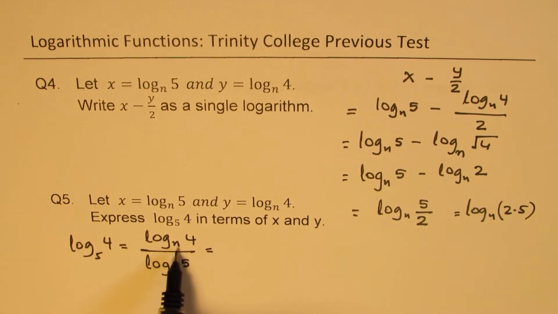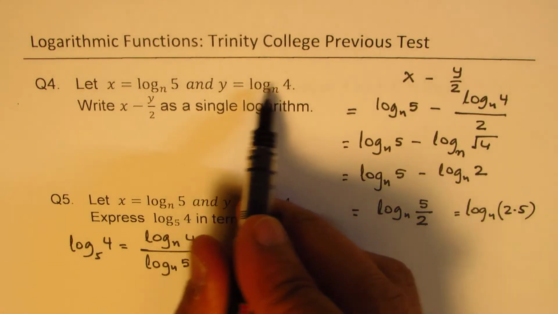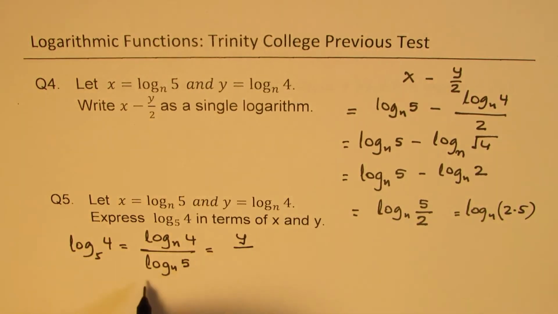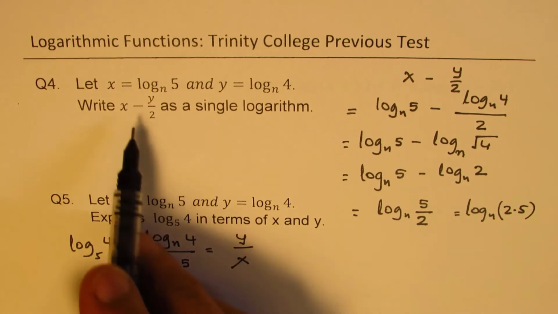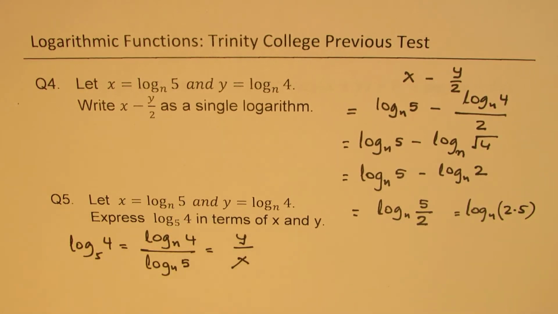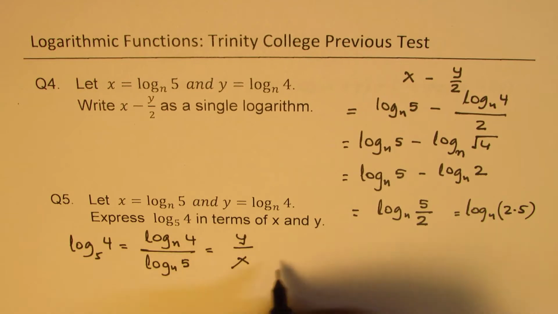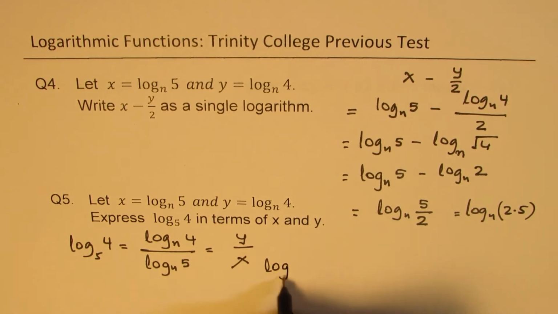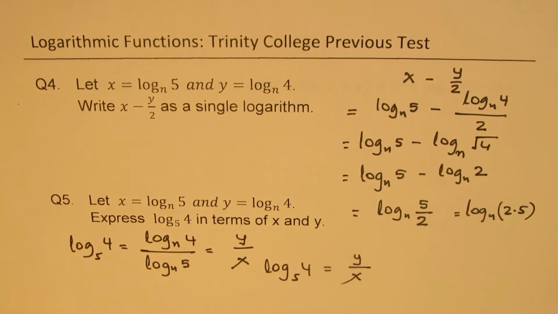And log to the base n of 4 is y, and log to the base n of 5 is x. So this is equal to y over x. Is that okay? So we could write our answer as log to the base 5 of 4 is equal to y over x.